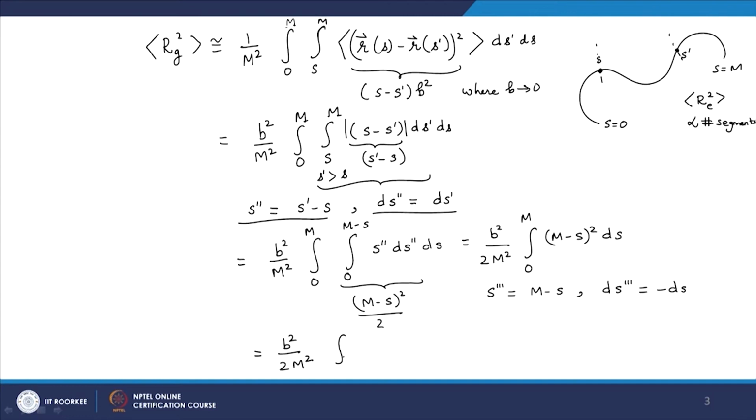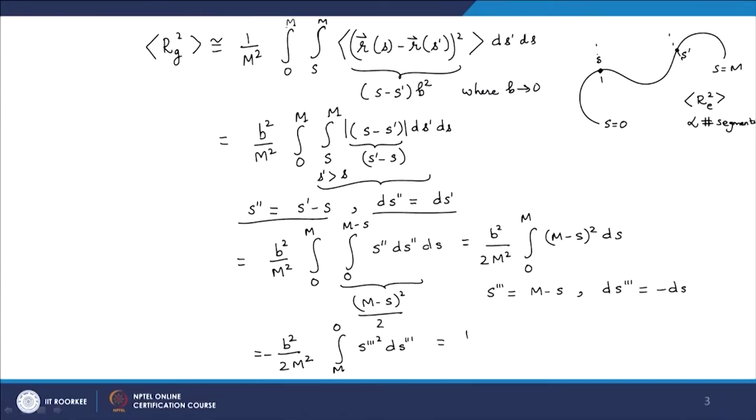So, the lower limit is m, the upper limit is 0, and then we have s triple prime square ds triple prime with a negative sign, but now I can use the minus to switch the upper and lower limits.